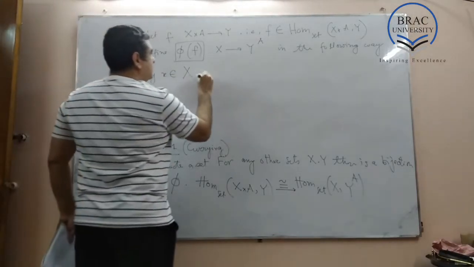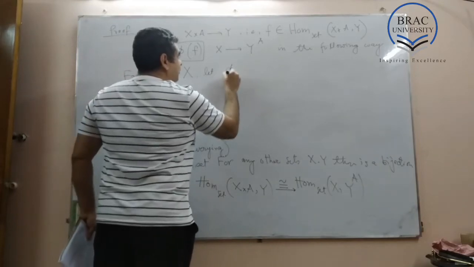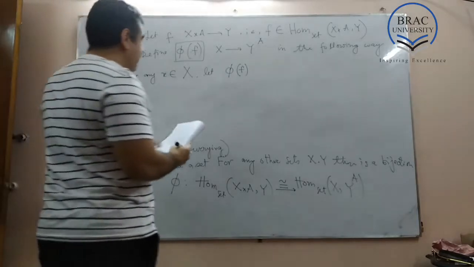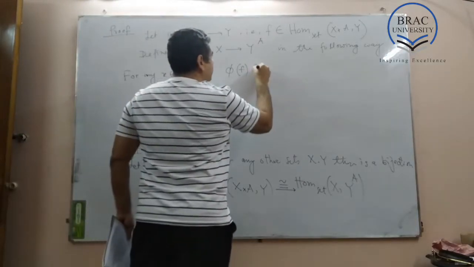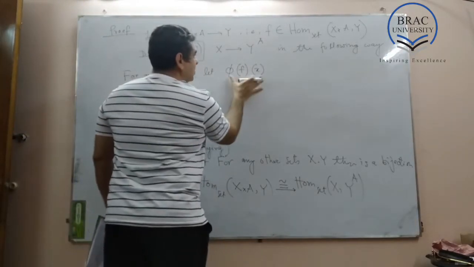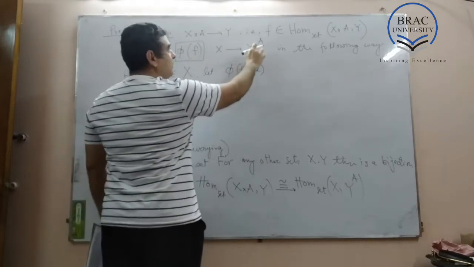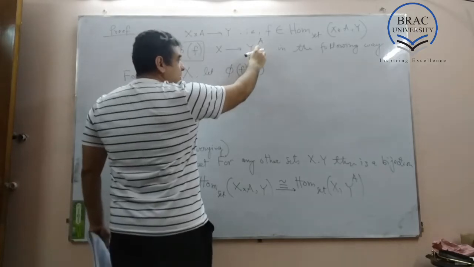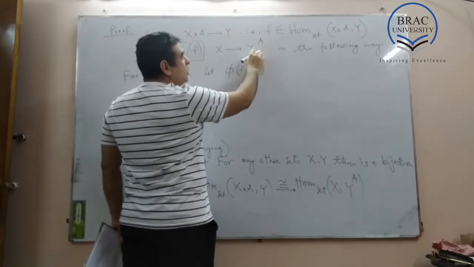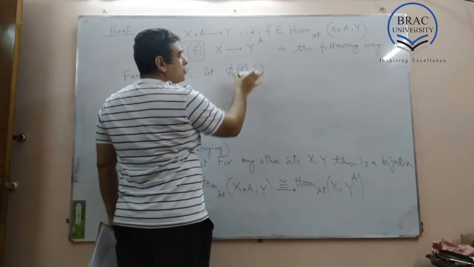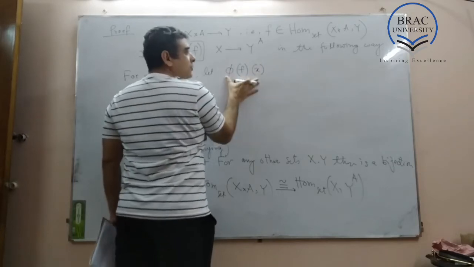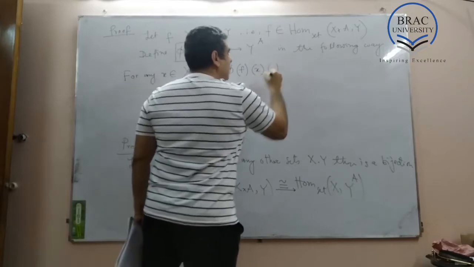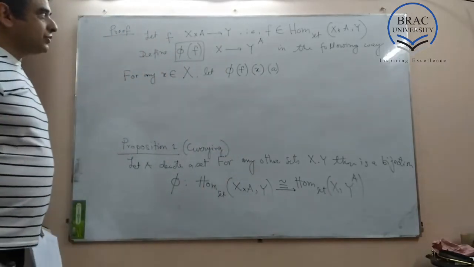Let phi of F acting on x. Okay, so where is this living? This is living in Y to the A. And Y to the A is the notation for the Hom set from A to Y. So this entire thing is going to act on an element of A, which we denote by a. And what will be the result?